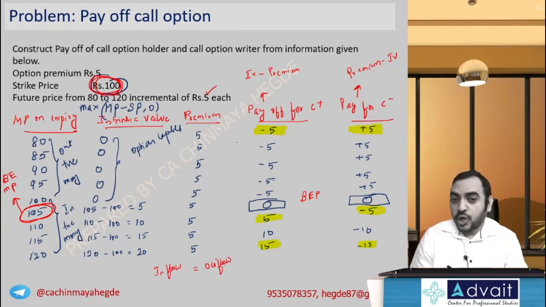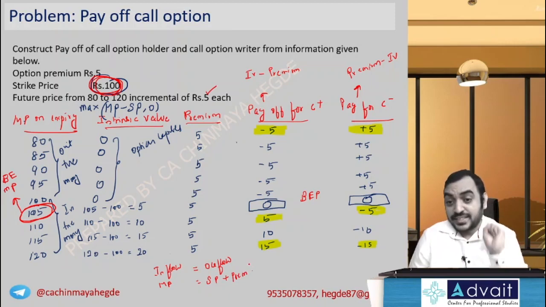Now inflow means how much? Here the market price is the inflow, which is what we need to calculate. We don't know the market price. Outflow is the amount you are going to pay: the strike price you are going to pay, and the premium you already paid. Effectively both are outflows if exercised. So effectively the market price equals strike price plus premium.